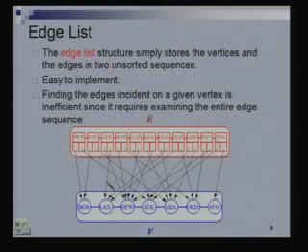This is not an endpoint of this, so I go to the next one. This is not an endpoint of this, so I go to the next one. This is an endpoint of this, so I look at what the other endpoint is, that is LAX. So, LAX becomes adjacent to DFW, and so on. This is what I will have to do to find out the adjacent vertices of a given vertex.